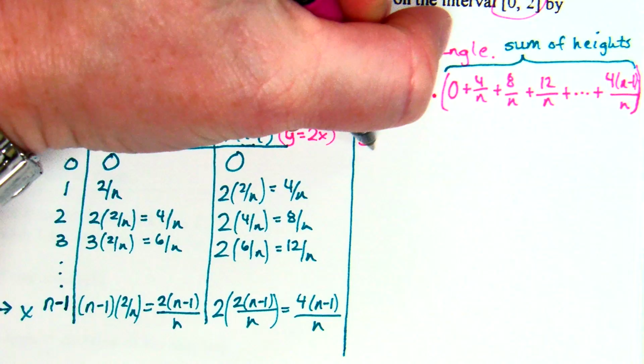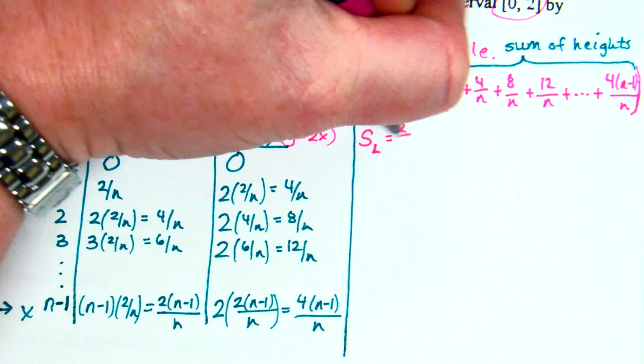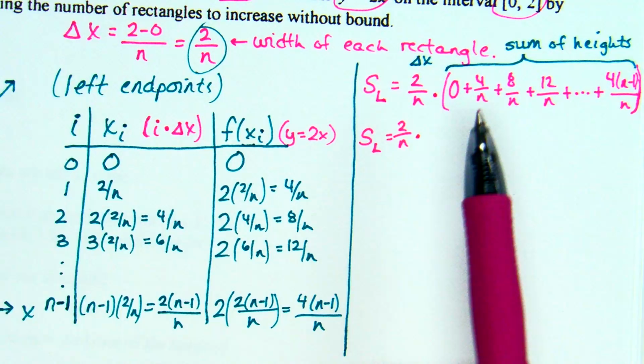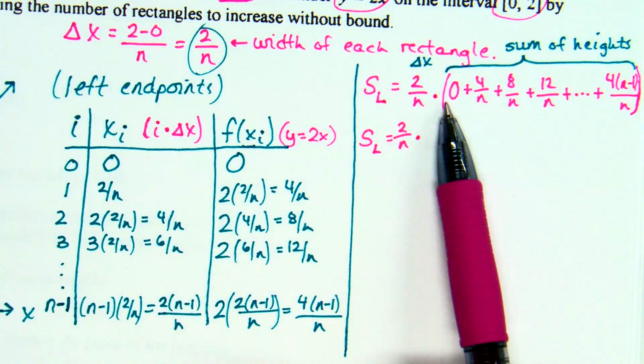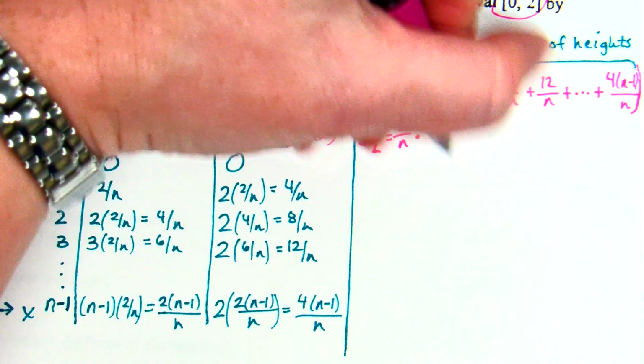So I already have my 2 over n out front. Now I'm factoring out a 4 over n. I could probably zoom in more on this part now. So you have 0 and you take a 4 over n out, you still have 0. You have 4 over n, you take a 4 over n out, you now have 1.